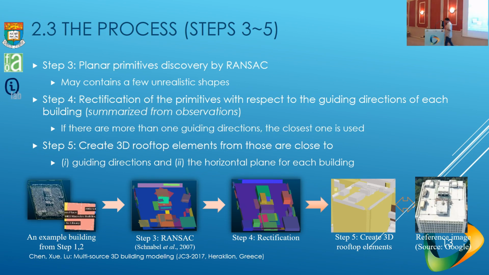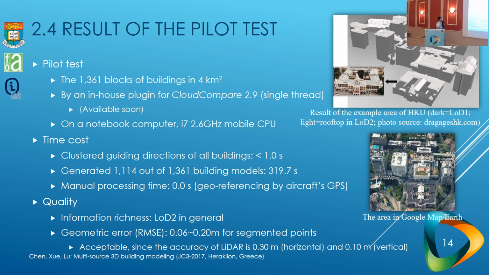So for the overall results, we developed an in-house plugin based on TopoCompare, and the video will be available soon. We ran it on a notebook computer, and the time cost for over 1,000 buildings is 5 minutes.